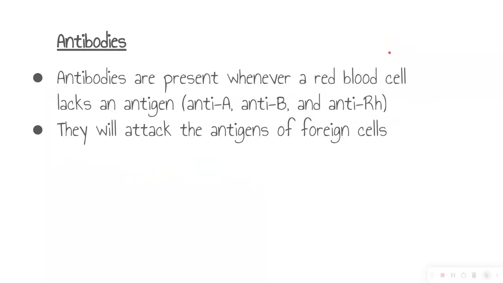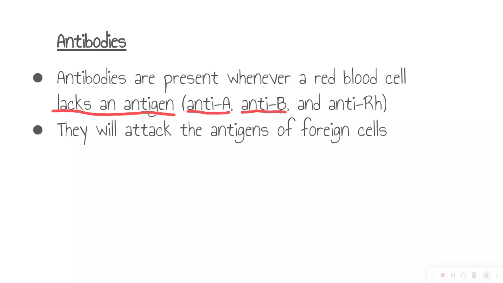Now let's talk about antibodies. Antibodies are present whenever a red blood cell lacks an antigen. So if a red blood cell does not have A antigens, it's going to produce anti-A antibodies. And these antibodies, they're going to go attack the A antigens of foreign cells. If a red blood cell does not have B antigens, it's going to produce anti-B antibodies.